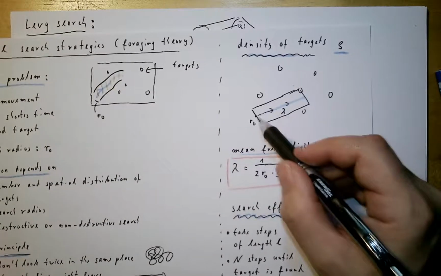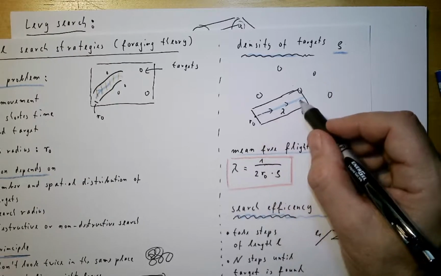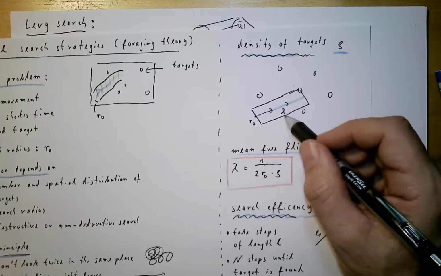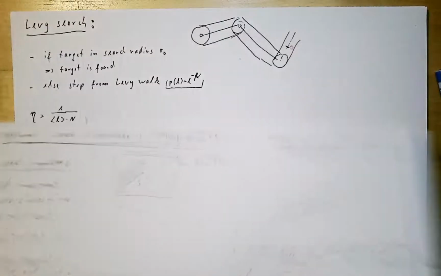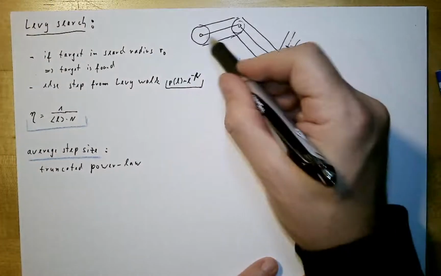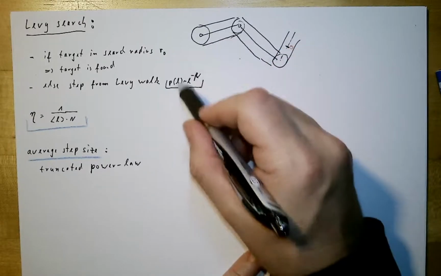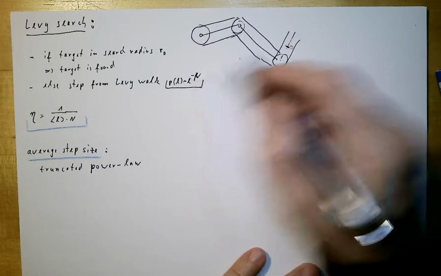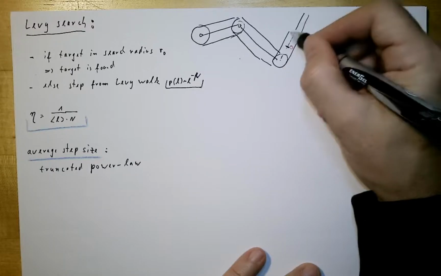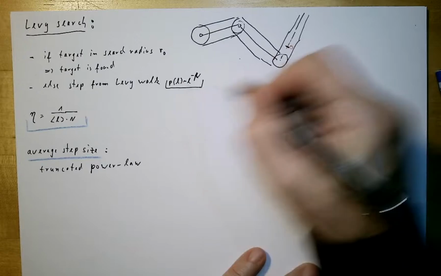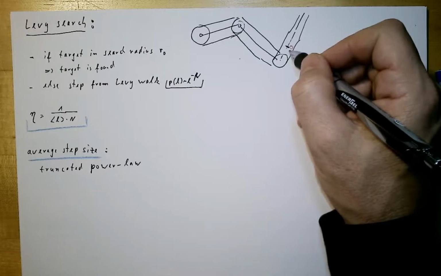If the next target is further away than our step, we can do the full step length. But if, well, let's put it like this, when there was no target, we can take the full step length that we have chosen from the power law. But if we found a target, we don't do the full step that we have chosen here, because we stop directly when we found our target.